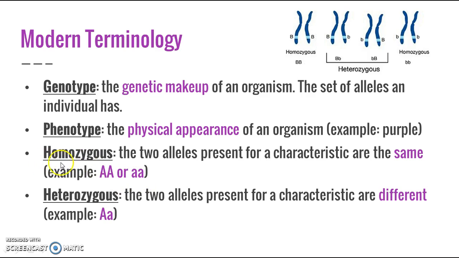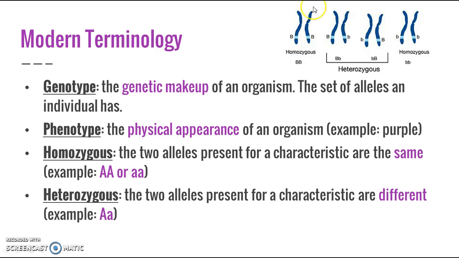The opposite of homozygous is heterozygous, and that prefix hetero tells us different. And this means that the individual has two different versions, or two different alleles present, being big A and little a. As we look at the diagram at the top, this reminds us that we are looking at homologous chromosomes.